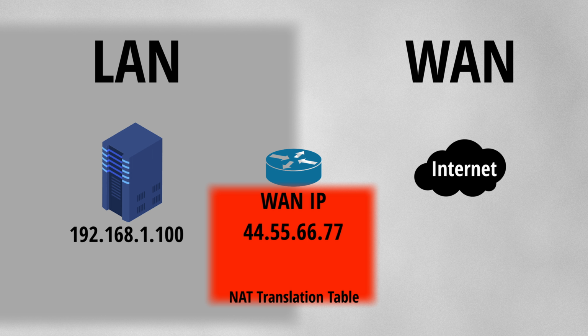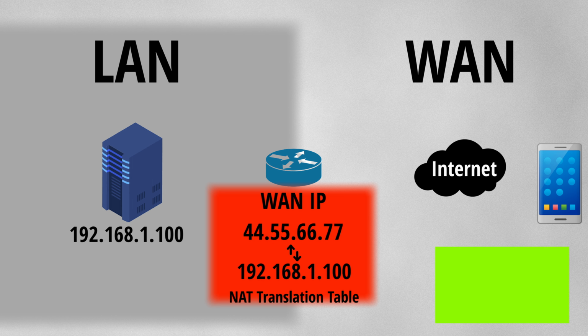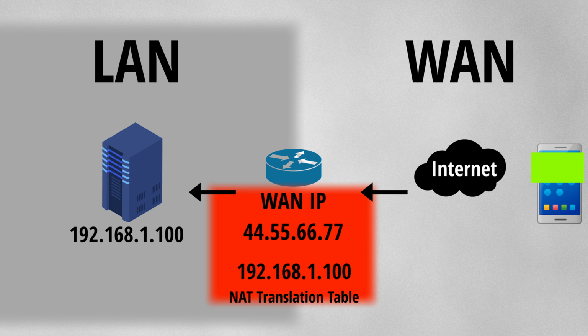If we were remote to that network and the static NAT was configured, we'd just be able to type in the public IP address of the server. The packet would have a source address, for example, as 99.88.77.66, and the destination would be the public IP of that private network. So 44.55.66.77.